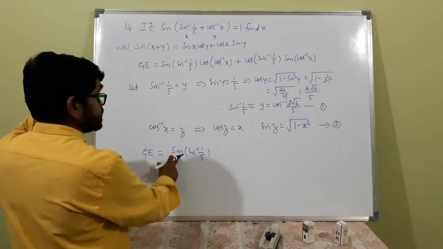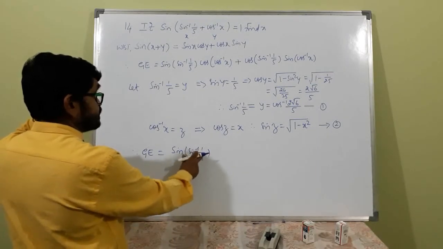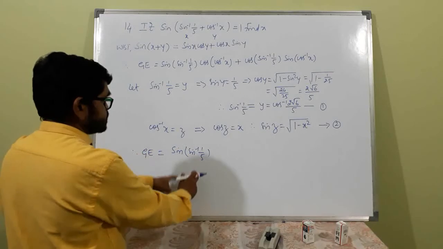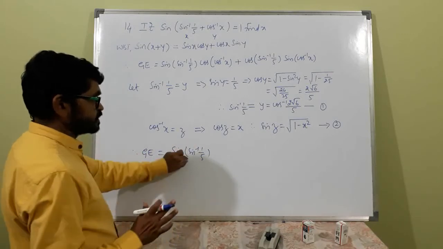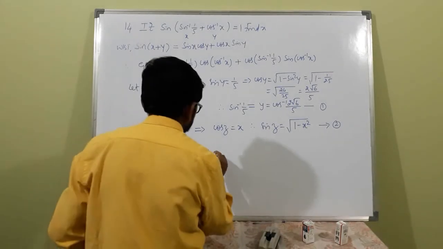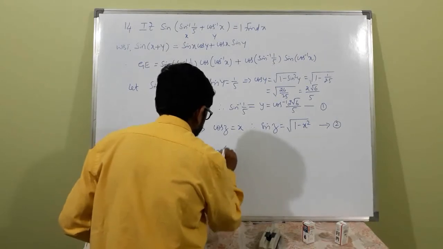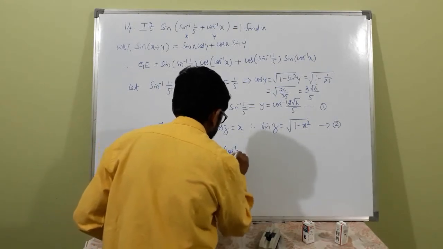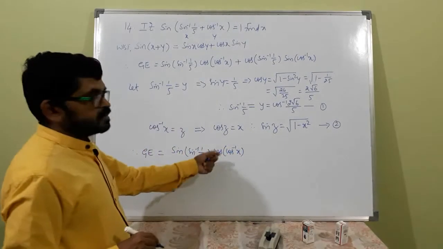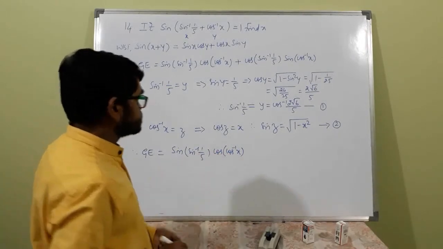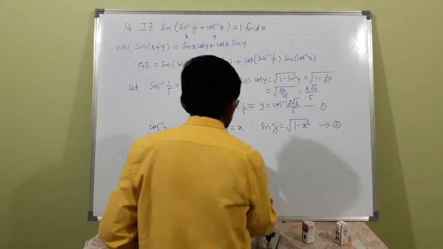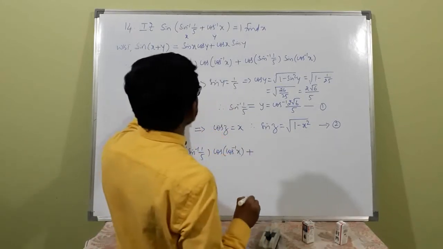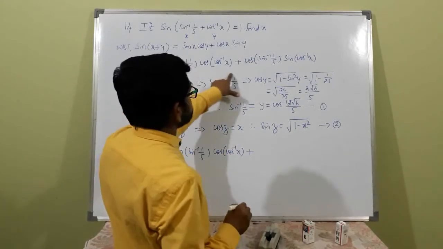Here only sin into sin inverse of 1 by 5 is there, so that you can cancel this and you can get 1 by 5. You can simplify this. So cos of cos inverse x, let it be like this only. Okay. In the second expression, this let it remain as it is.